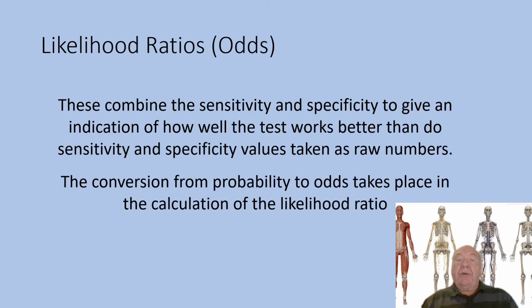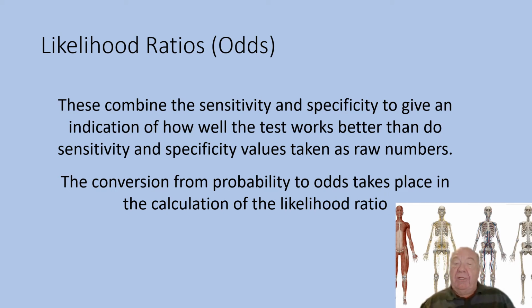Okay, so likelihood ratios are odds ratios, and what they do is they combine the sensitivity and specificity converted to odds, to give you an idea of how well a test works, better than sensitivity and specificity values taken as raw numbers. The conversion of probability to odds takes place as you calculate the likelihood ratio.